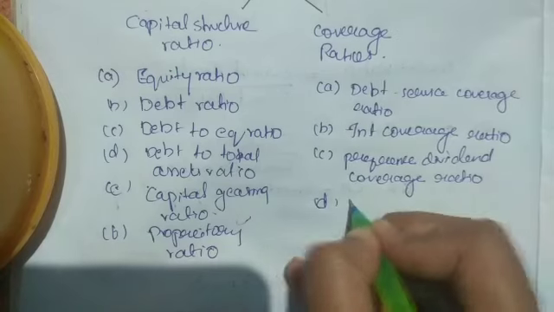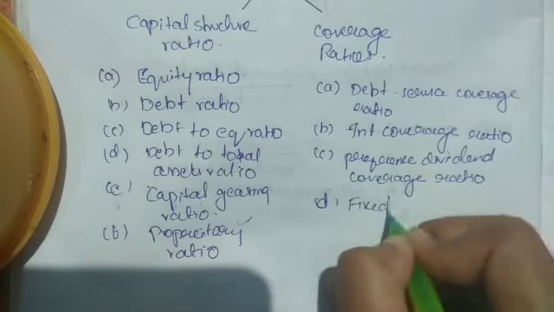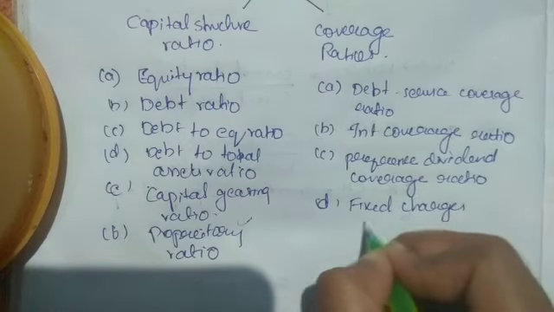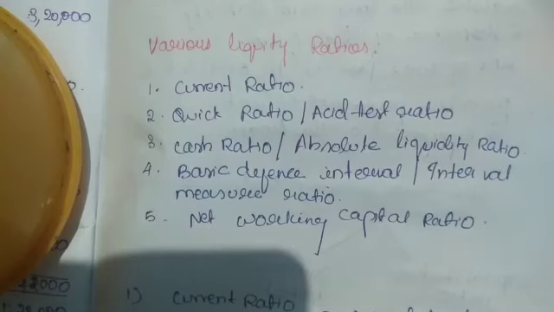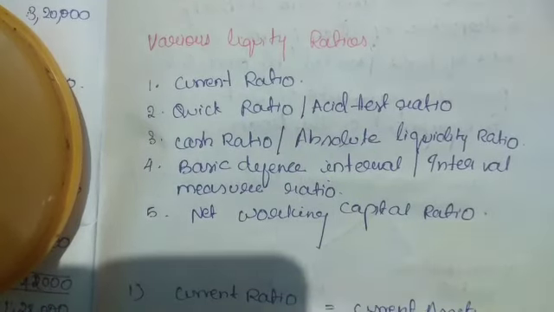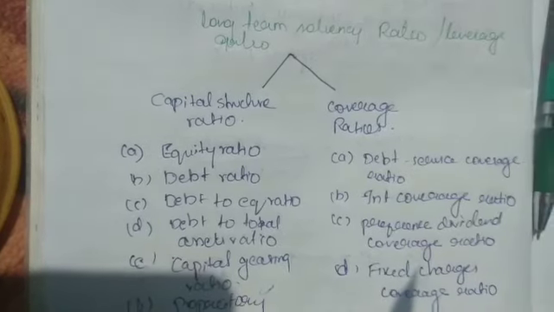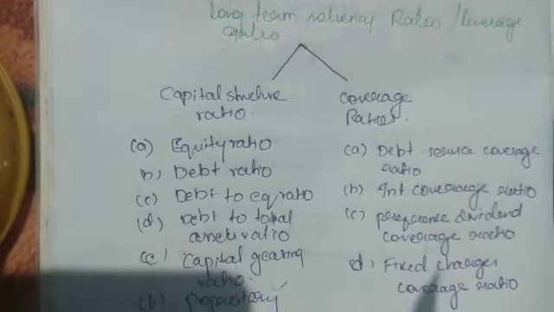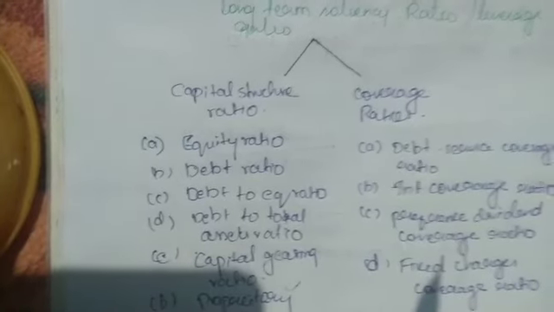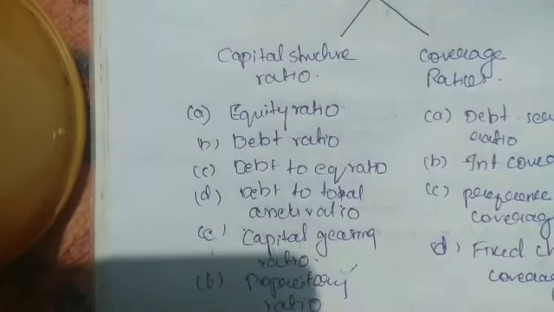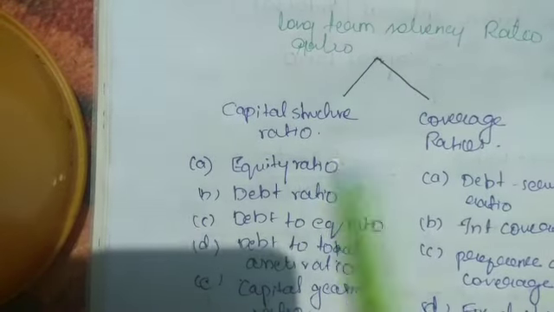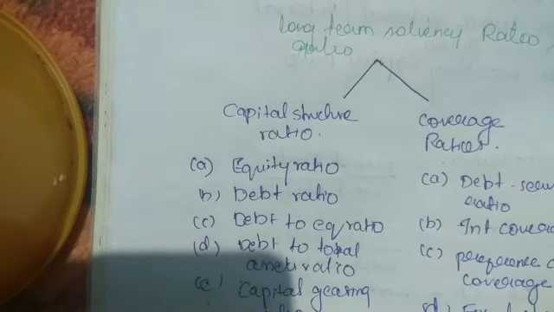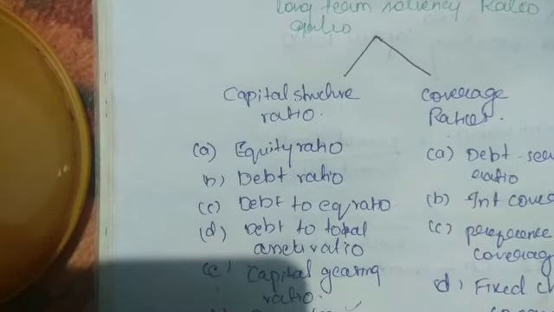And the fourth is fixed charges coverage ratio. So you have to remember, in liquidity ratio we had 5 ratios. Under long-term solvency ratios, there are 2 main ratios, capital structure ratio and coverage ratio. Under capital structure we have 6 ratios, under coverage ratios we have 4 ratios. So the total in long-term solvency ratio is 10. Now we'll see in detail all these ratios.